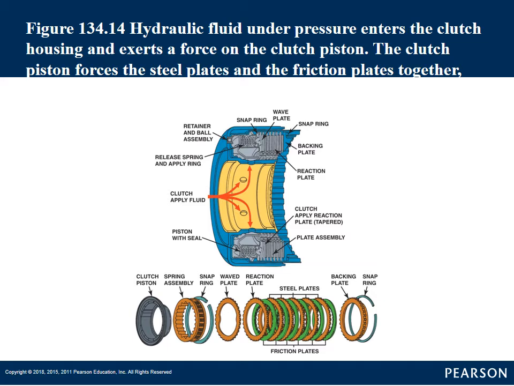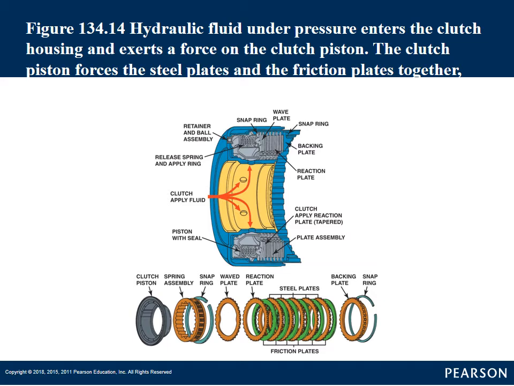Remember I talked about the big snap ring on the outer edge holding all your clutch plates in, but you need a way to hold that piston and spring assembly in place. You run the risk of the piston coming out of the smoothed out area in the drum, and then the clutch pack won't apply, and we'll have fluid leaking by, and we'll have a pressure loss.